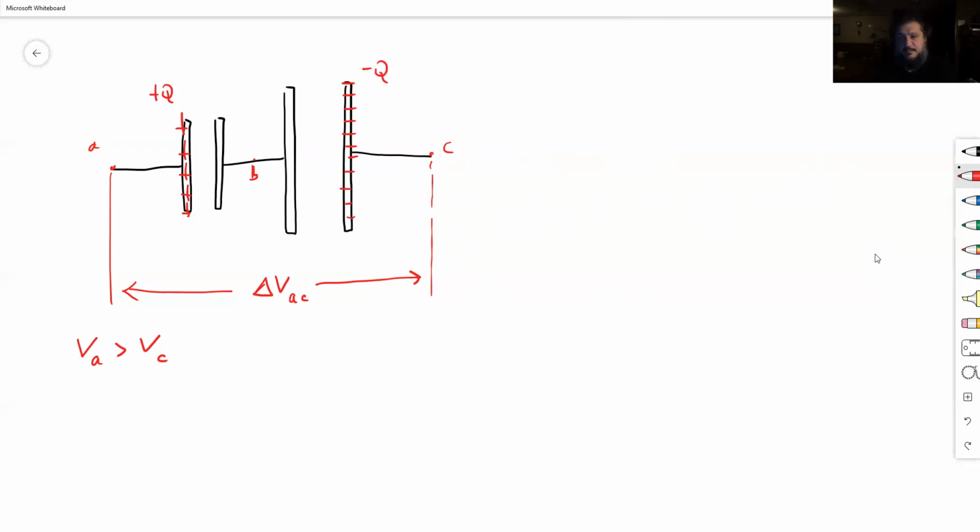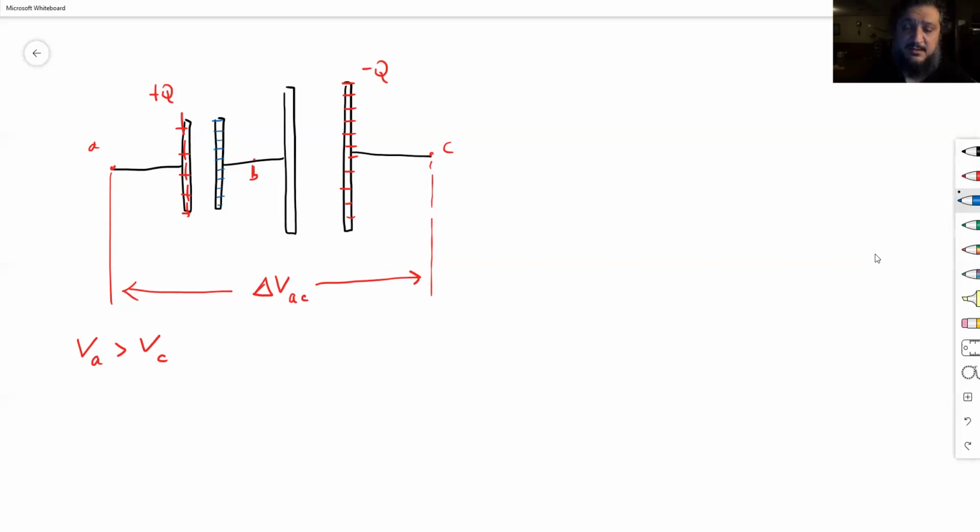Negative Q. Now this system will carry this much charge, and these two charges, no matter how different the capacitors are, will be the same. And here's the idea. Initially in the middle, there was no charge. But because I now have a potential across points A and C, and I have charge in the system, on the left-hand side, if this is positive, the other side will automatically be negative, because the charges will flow in that direction.